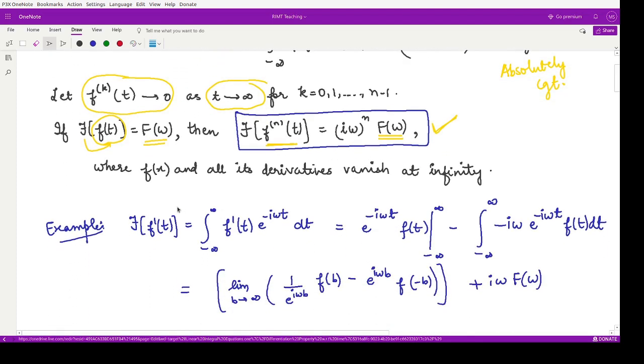So suppose let us see it for the first derivative case. For first derivative, let me calculate the Fourier transform of this first derivative f dash t. So the Fourier transform of this first derivative is equivalent to integration minus infinity to infinity f dash t e to the power minus iota omega t dt. So I'll call this as the first function, this as the second function.